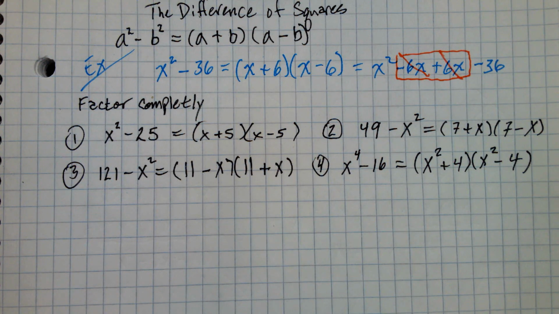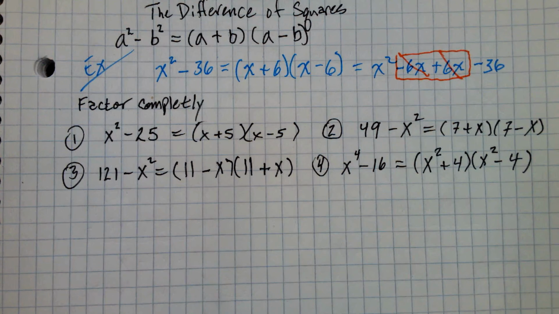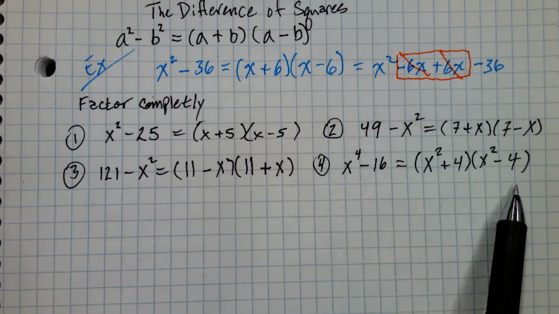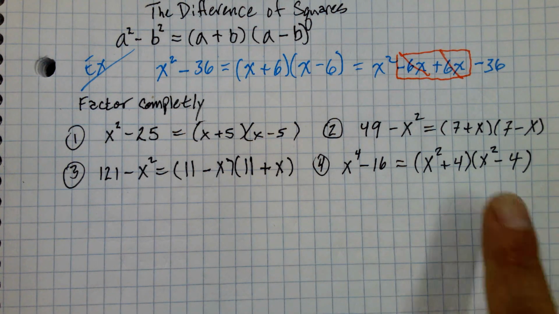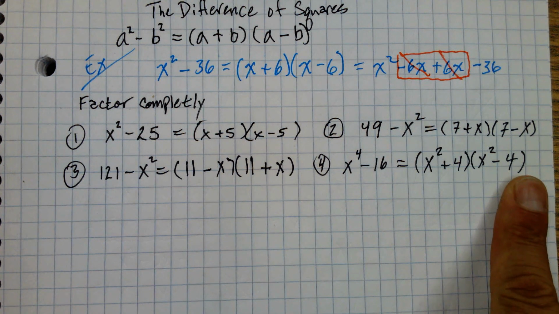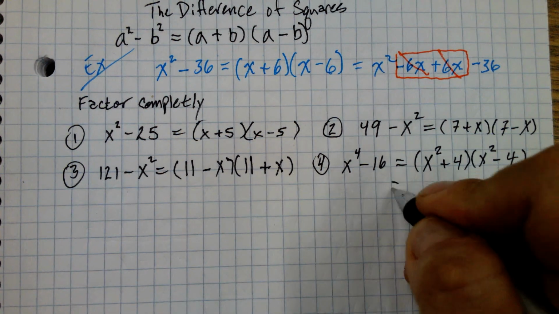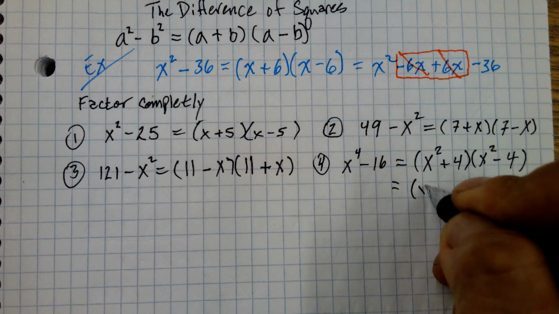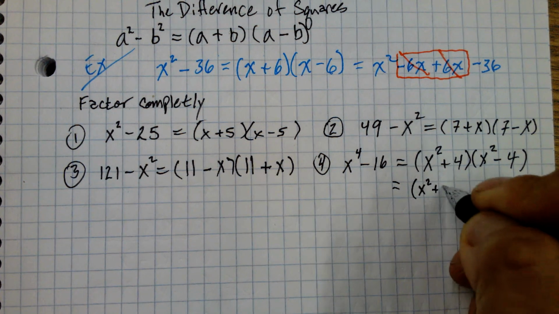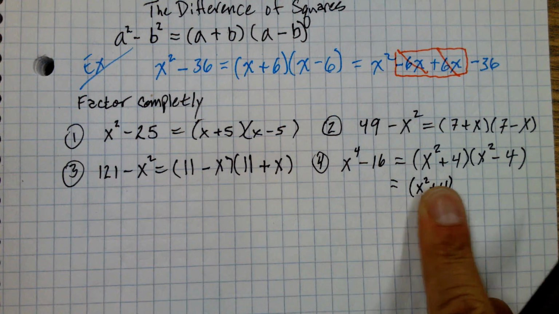Yeah. So that's going to happen a lot on today's assignment. You're going to be done factoring, and you're going to say, wait a minute, this is still a difference of squares. So this stays the same because I really can't factor this.